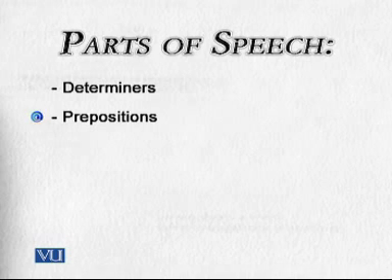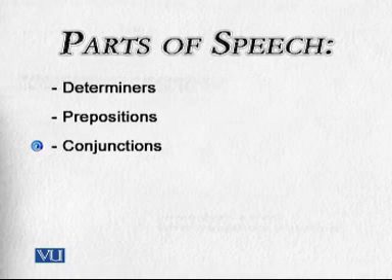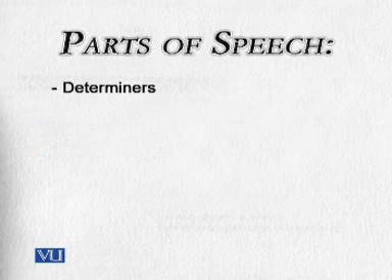Number 1, nouns. Number 2, adjectives. Number 3, verbs. Now you tell me the 4th one, adverbs. Oh yes. Number 5, prepositions. Number 6, pronouns. Number 7, conjunctions. And the last one, what did you say?